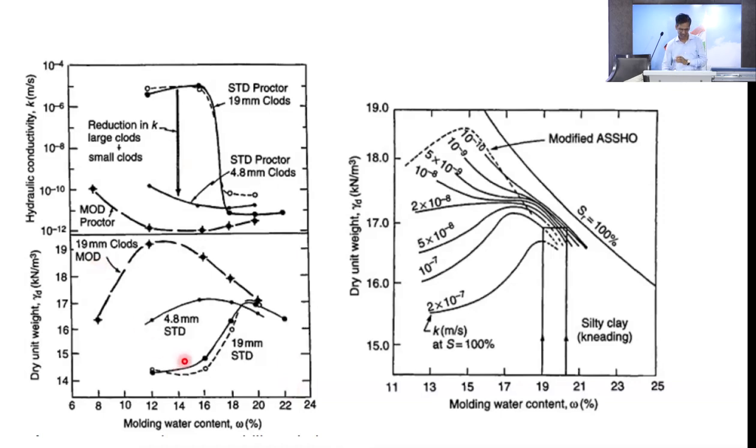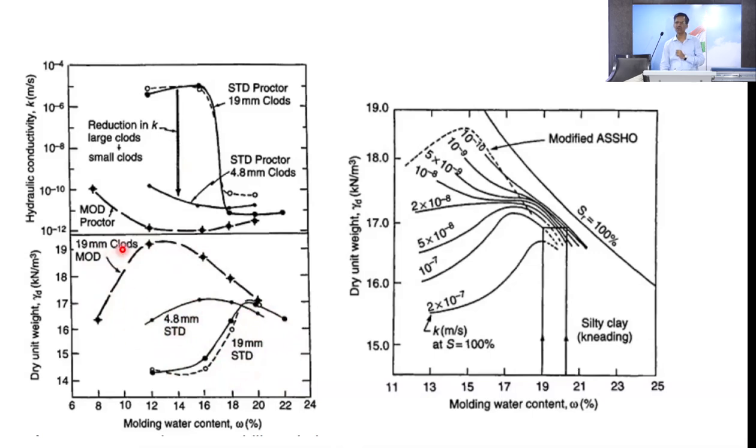So you see 19 mm can go up to here, and if I go with 19 mm with heavy compaction, it will go up here. This is 19 mm with standard Proctor compaction, and this is 4.8 mm with standard Proctor compaction. If I go to modified Proctor compaction with 19 mm, immediately the value increases.